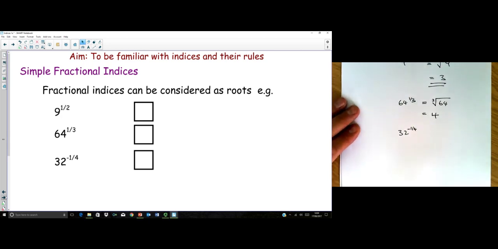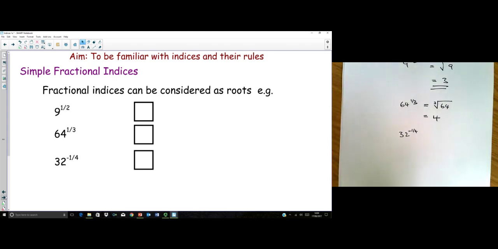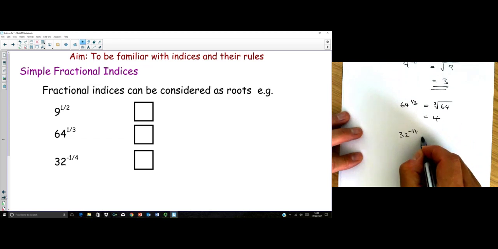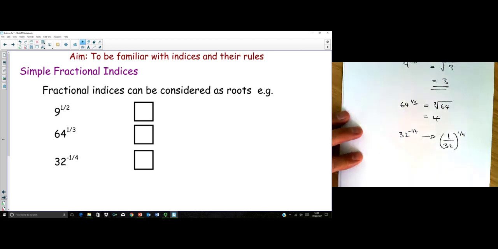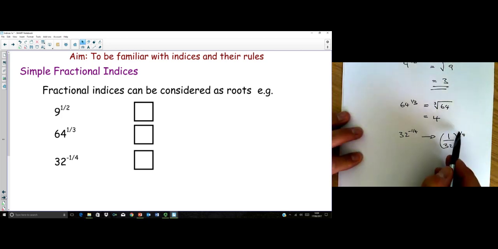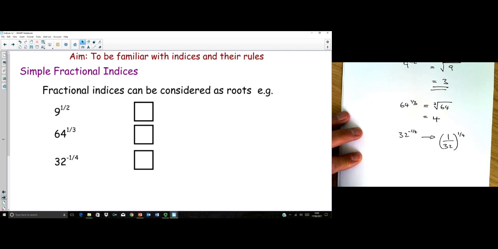Okay, we've got 32 to the minus a quarter, the fourth root of 32. Now, remember what we said about negative indices. Negative indices only mean 1 over. Okay, flipping it, putting 1 over. So this can be written as 1 over 32 to the power of a quarter. Okay. It's got rid of the negative index that was here. That's when we've done 1 over, that's why that negative is gone.